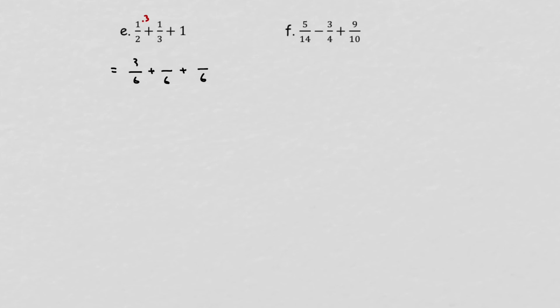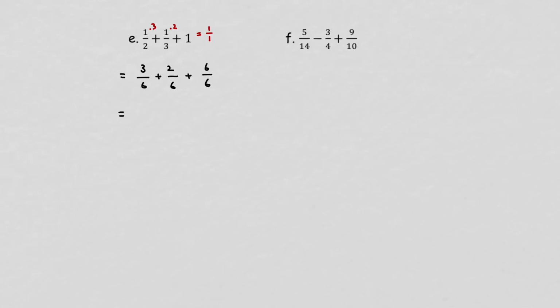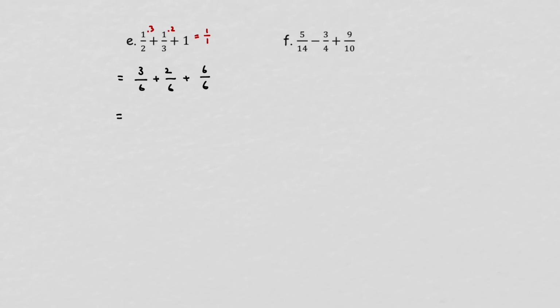That gives you 3. 3 to become 6, multiply by 2. So that will be 2. 1 over 1, we know that's 1 over 1. And this 1 becomes 6. I mean, the numerator should become 6 also, right? Same denominator, add the numerators. So it will be 5 plus 6 is 11 over 6.